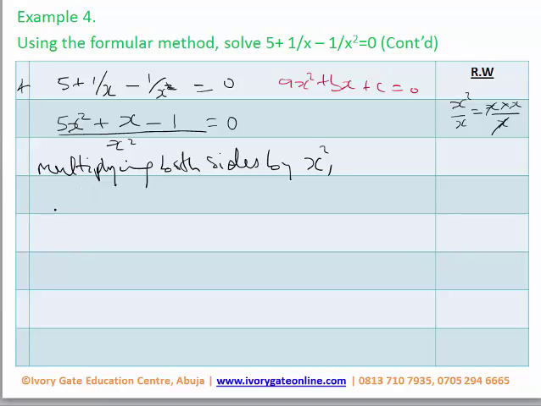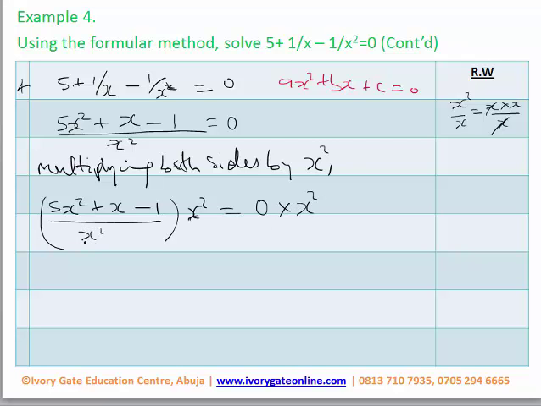Multiplying both sides by x squared, we have 5x squared plus x minus 1 all over x squared, all multiplied by x squared, is equal to 0 times x squared.